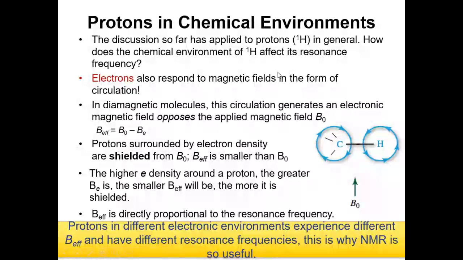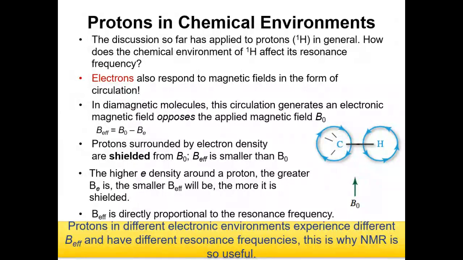And the key part is, if we look only at the resonance frequency, it can only tell us the magnetic field the nucleus is experiencing, which is not super useful.